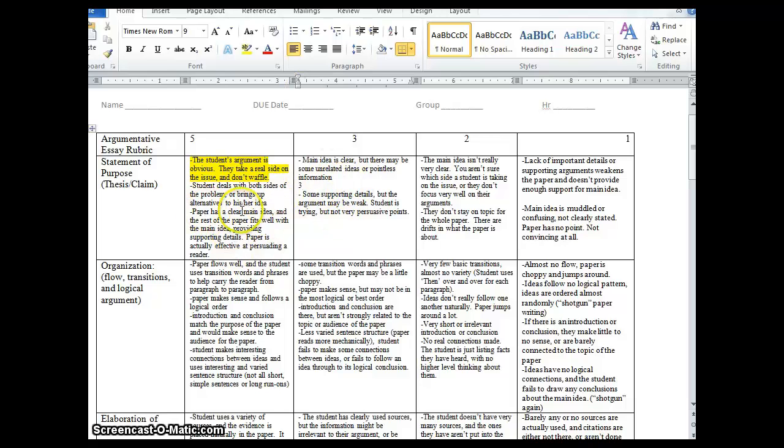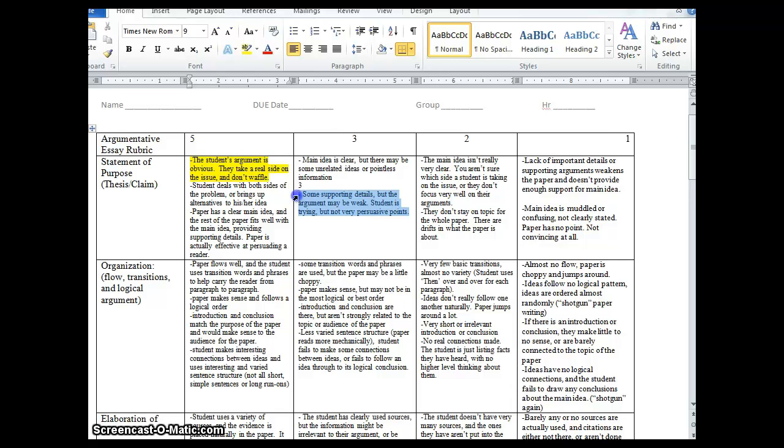And then finally, the paper has a clear main idea, and the rest of the paper fits well with the main idea, providing supporting details. Paper is actually effective at persuading the reader. So at the end of the paper, if you say to yourself, I think that it could be realistic that so-and-so discovered America based on their evidence, then you would select a 5. Let's say that they're not quite there yet, though, so they have some supporting details, but the argument may be weak.